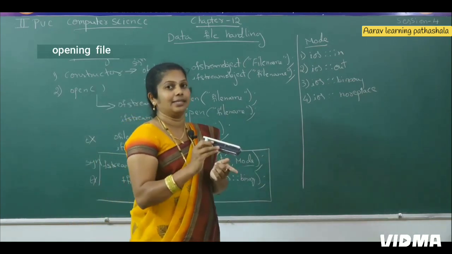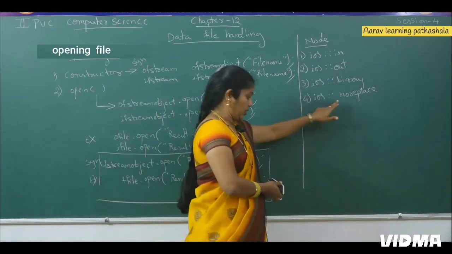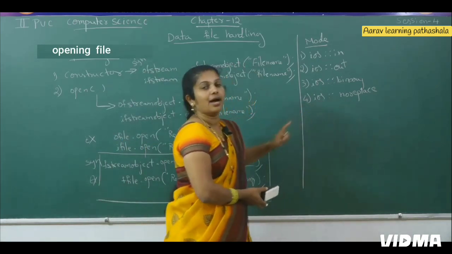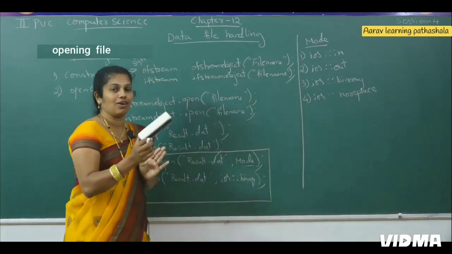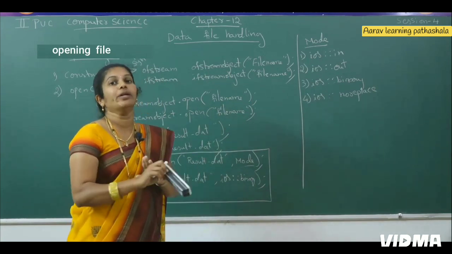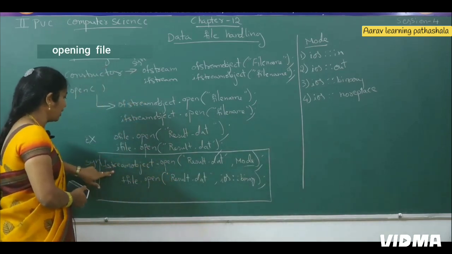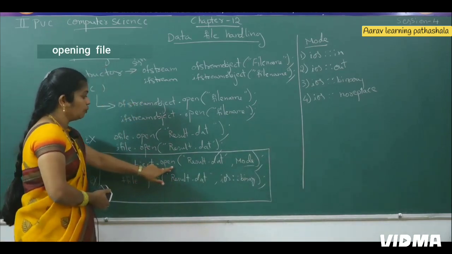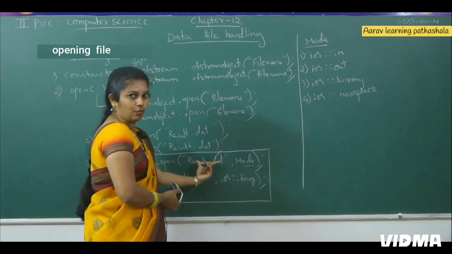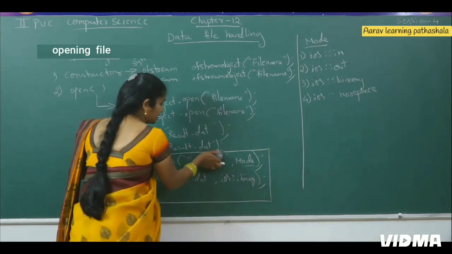If the file already exists, then at that time there is no need to replace, so we use ios::noreplace. While writing the syntax, in the same format, fstream object dot open, file name. Here I gave result.dat as the file name.